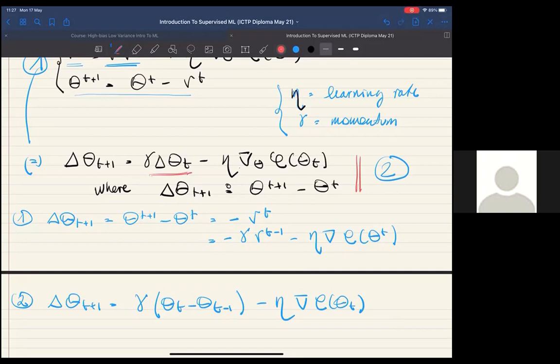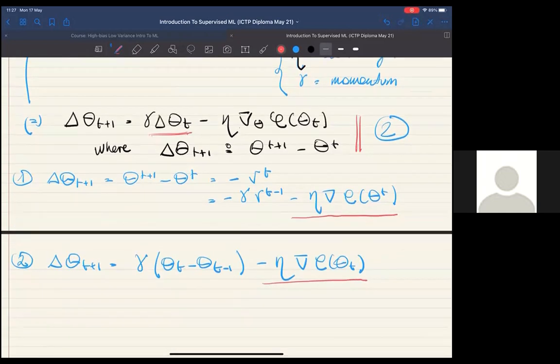All right, so how to see that the two sets of equations are equivalent? We see that they have in common the second term here and here. So to see the equivalence, we need to check, is it true that this first term is equivalent to this second term, which means, is it true that theta t minus 1 is equal to minus v t minus 1, right? That's what we want to check.